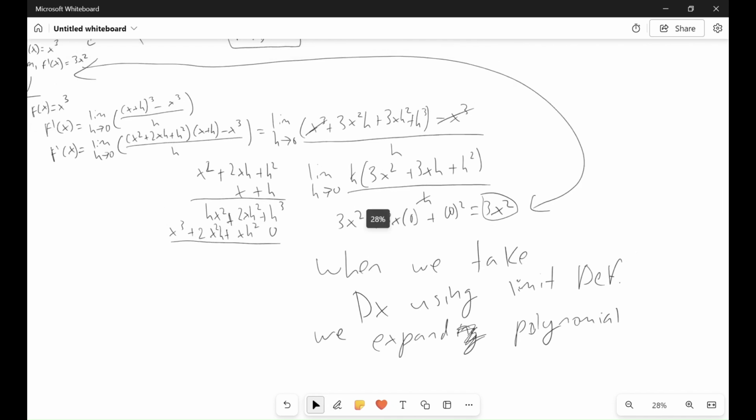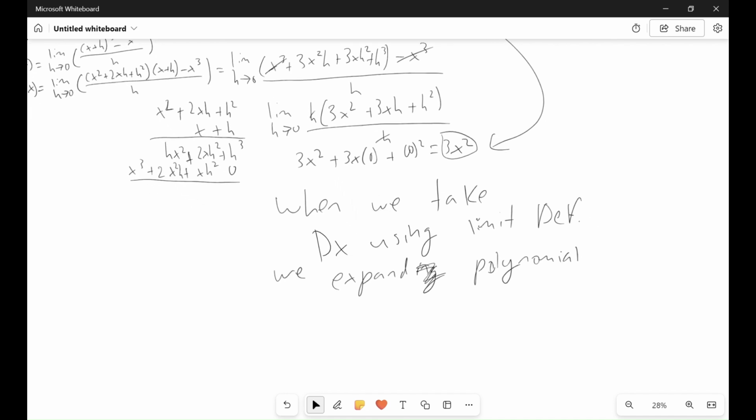And so when we do that, and our x's cancel, and then we factor out an h to get rid of the h on the bottom, we're always going to be left with the degree of the polynomial times x to the power of degree minus 1, and then a bunch of h terms.